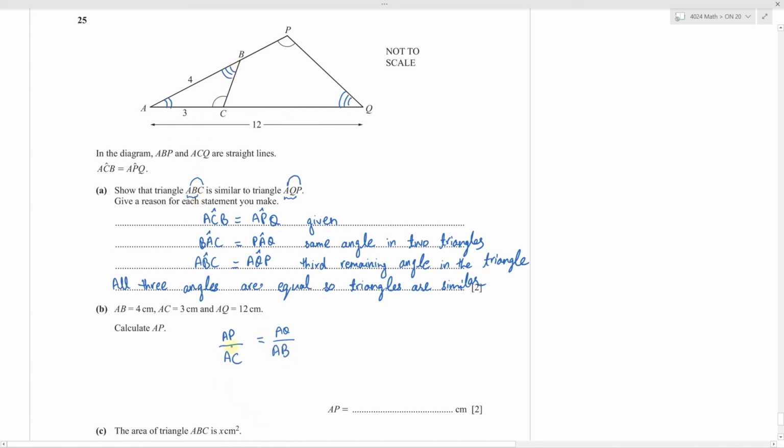So now let's substitute the values. AP is the one that we need to find. AC is 3, AQ is 12, AB is 4. So this will give me AP equals to 12 threes are 36 over 4, which is 9 centimeter. So your answer for AP is 9.